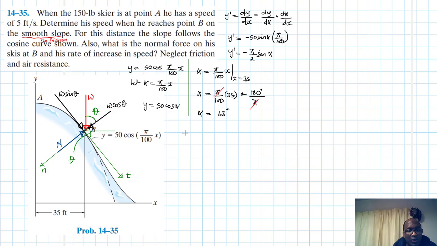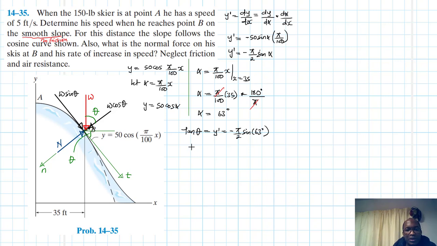So we know that tan theta is equal to y prime, which is minus pi over 2 sine alpha, which is just 63 degrees.